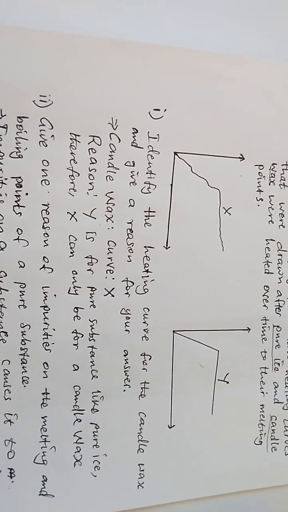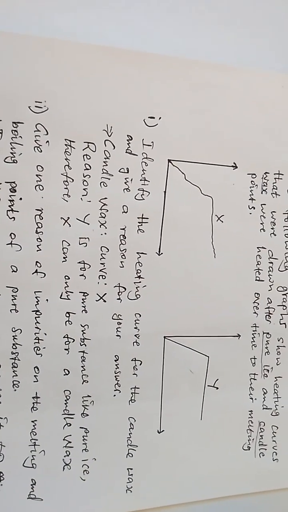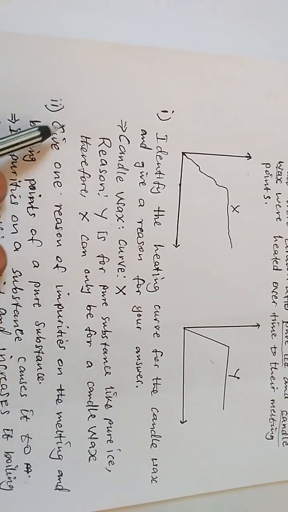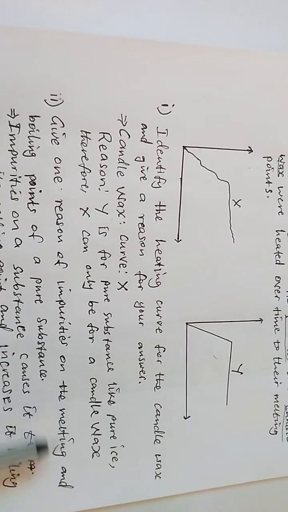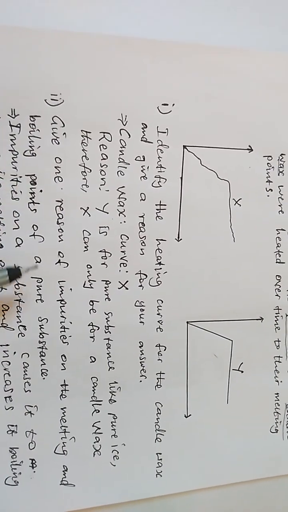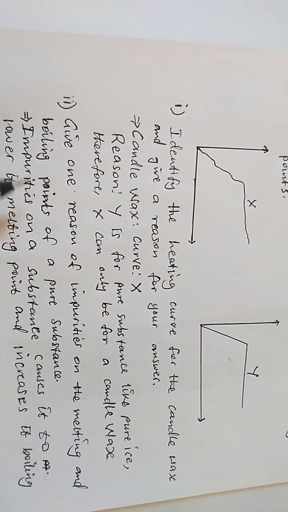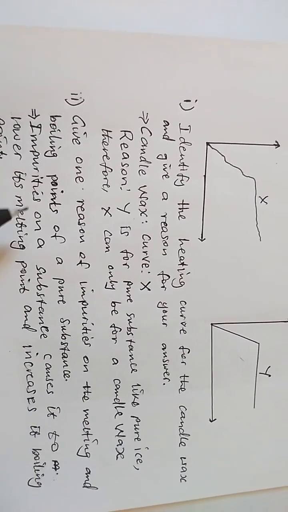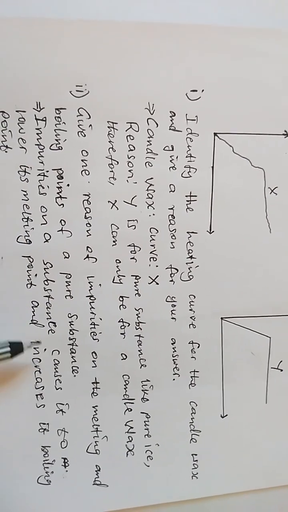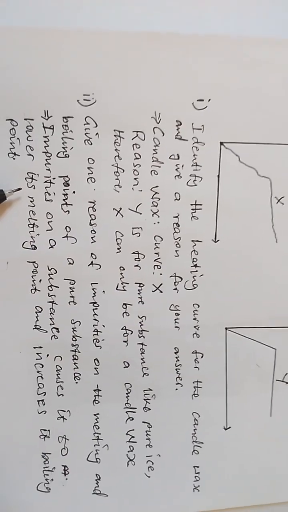Therefore, to answer this question, after this whole explanation: give one reason of impurities on the melting and boiling points of a pure substance. We say that impurities in a substance cause it to lower its melting point and increase its boiling point respectively.